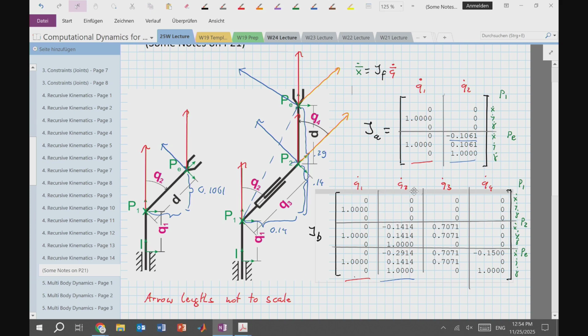And then lastly, we have a motion of joint Q4, where joint Q4 is not influencing P1, it's not influencing P2, but it's moving PE, the end effector, perfectly to the right, right? So no y component, negative 0.5 in the x direction, and then of course we have this rotational component.